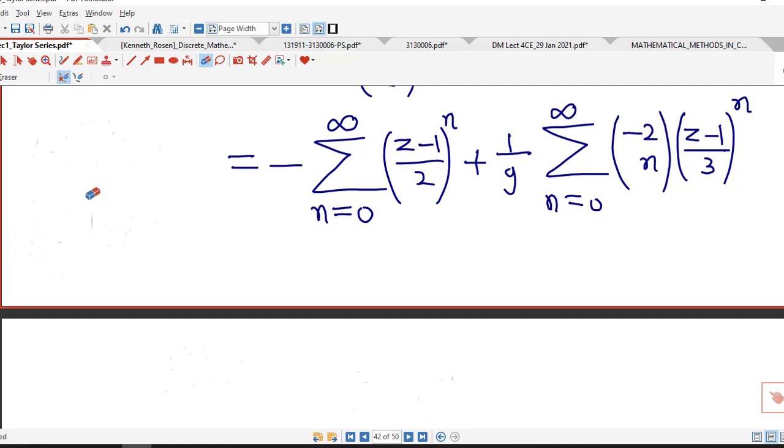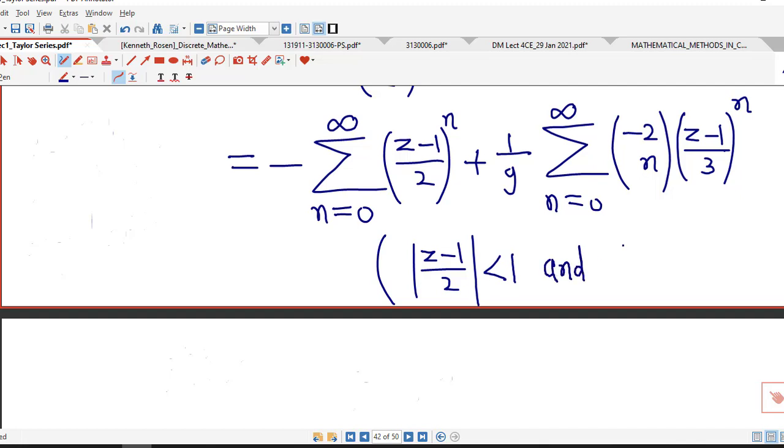So here in the bracket we have to mention that this first series is valid if z minus 1 by 2 has absolute value less than 1, and we also require for the second series the absolute value of z minus 1 by 3 must be less than 1.